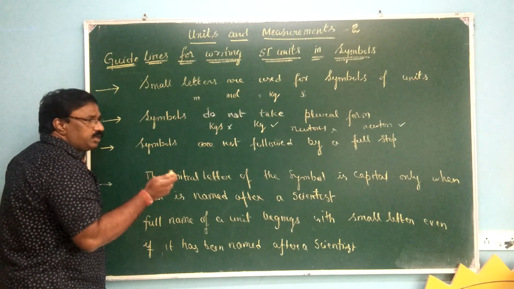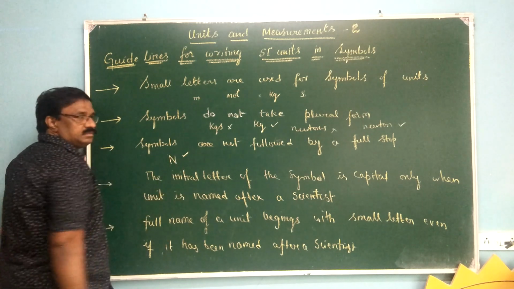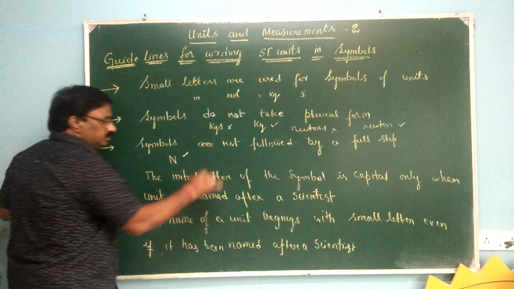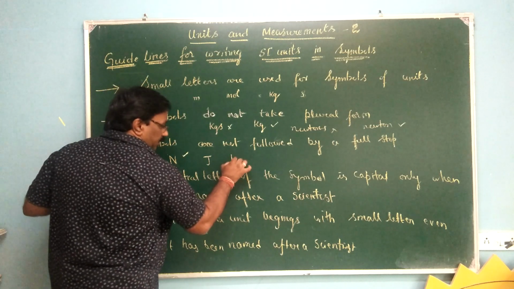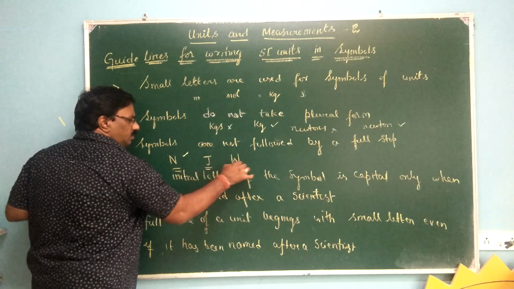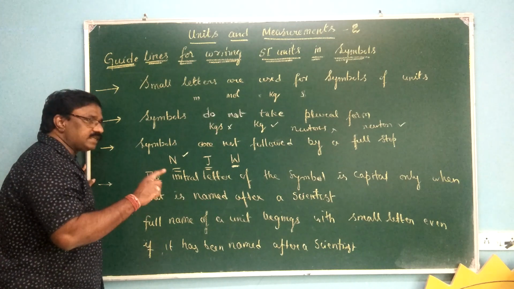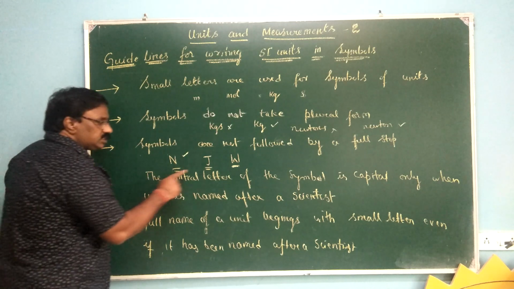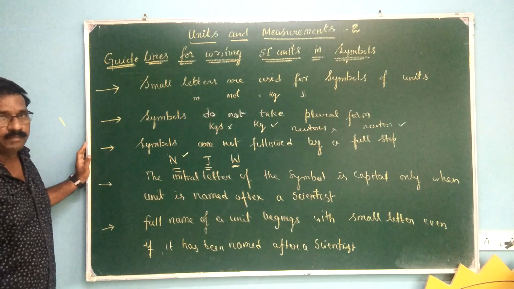So whenever we use the unit of force as Newton, the single letter N we use capital. Joule, J. Watt, W. Here we use a capital letter because it is named after a scientist.